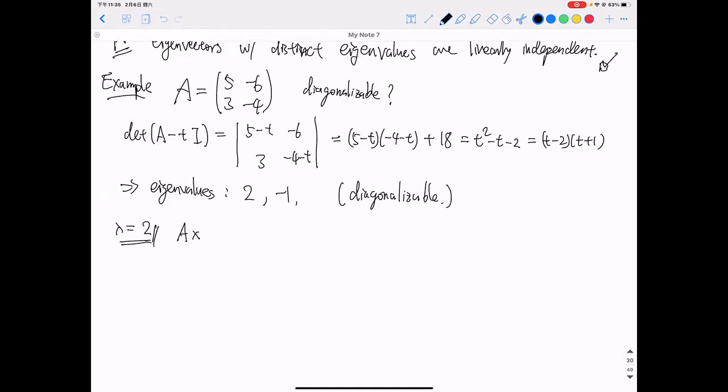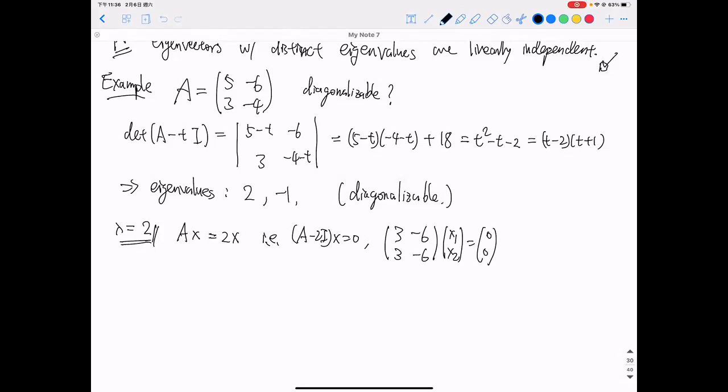So let's do lambda equals 2 first. We need the system Ax equals 2x, or (A minus 2I)x equals 0, which is 5 minus 2, 3, minus 6, minus 4 minus 2, times x1, x2 equal to 0.